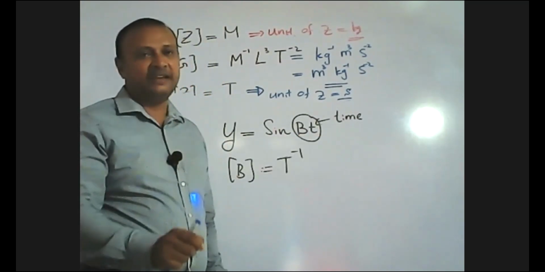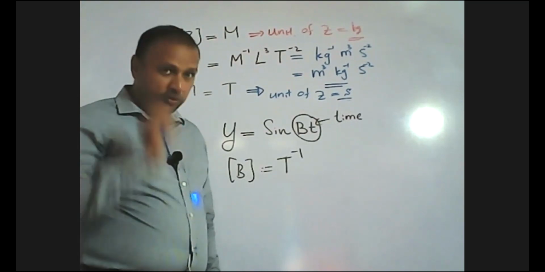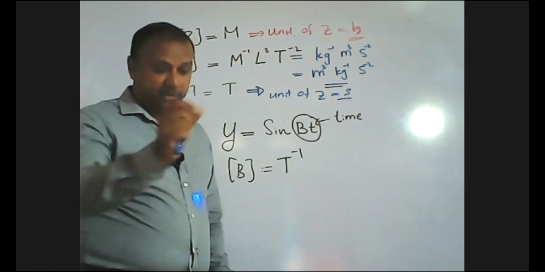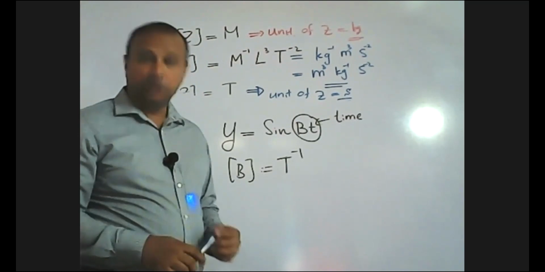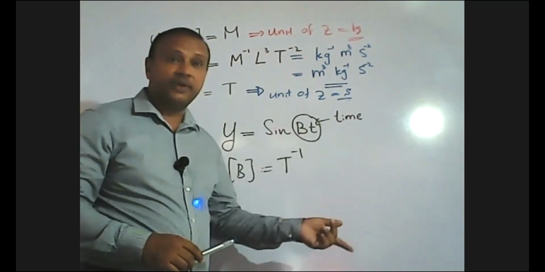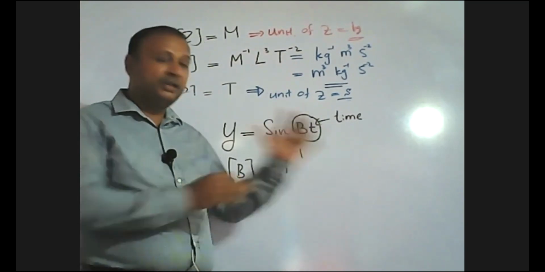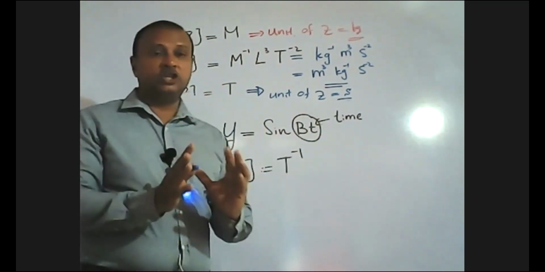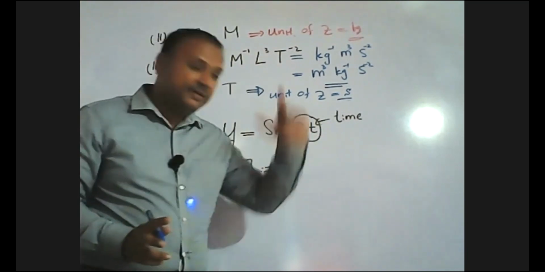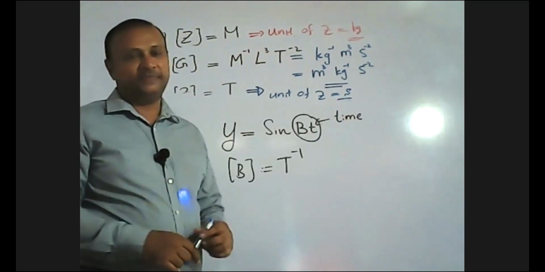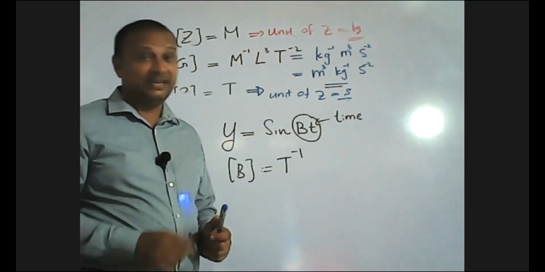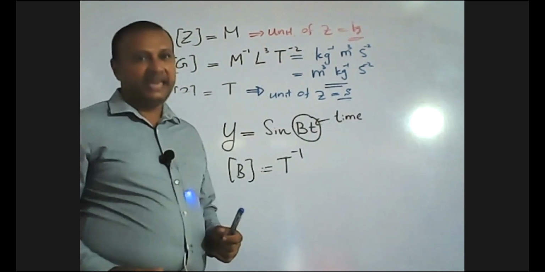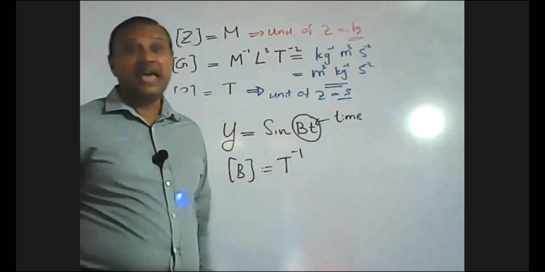You know the unit of angle is radian. Although it doesn't have a dimension, it has a unit. That is the special case in this analysis.